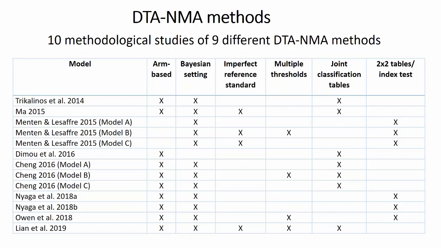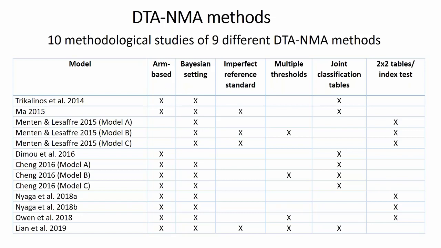And those are the ones in this list here, A, B, and C. So A assumes a perfect reference standard, as you can see in the imperfect reference standard column, while models B and C allow the use of an imperfect reference standard. But all 3 models ignore the correlation between tests from the same study. Of all the models in this table, this is the only approach that is contrast-based. All the others are arm-based.